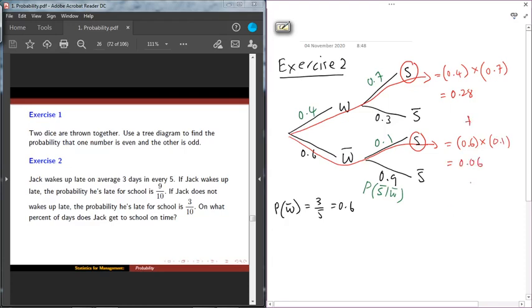And you have to add, so the answer is the probability Jack goes to school on time is 0.28 plus 0.06. The percentage would be, you have to multiply by 100, 34%.